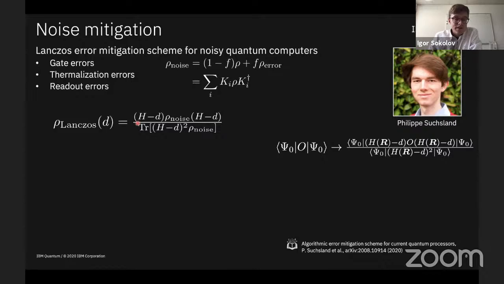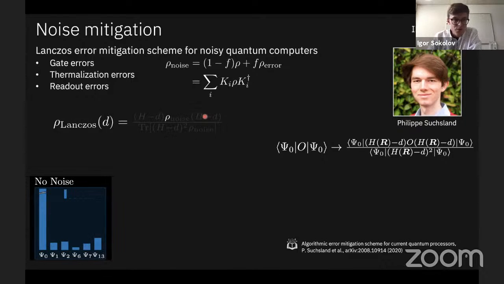And you can see here how we implement the denoising routine. We have our noisy density matrix on which we apply Hamiltonian minus D. This was explained this morning, and I will repeat it quickly to remind you. We have our noiseless density matrix, so you can see the ground state and the excited states. The ground state has the major contribution.